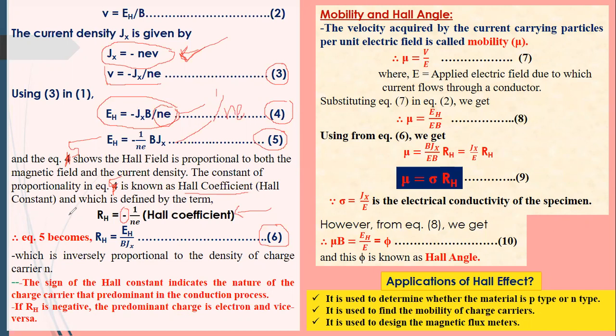Therefore, the measurement of Hall voltage helps us to know the sign of the predominant charge carrier, the charge density, and the mobility of the charge carrier. That information we can calculate by using the Hall coefficient or Hall constant. So this is all about the Hall coefficient and Hall constant.